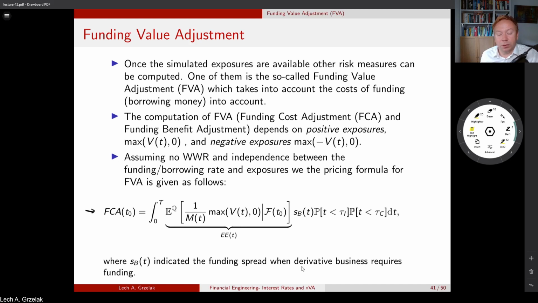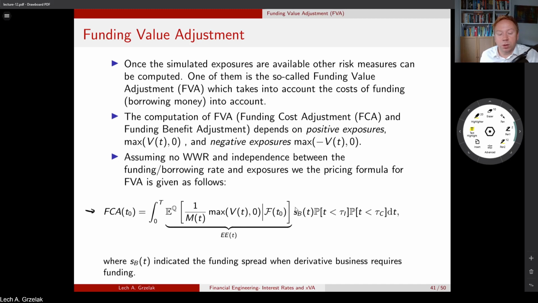This derivative business requires funding, and that is expressed by SB. Typically, this funding will be given in terms of LIBORs. So depending on our financial position and how cheaply we can get funding in the market, typically this will be related to some LIBOR rate available in the market.